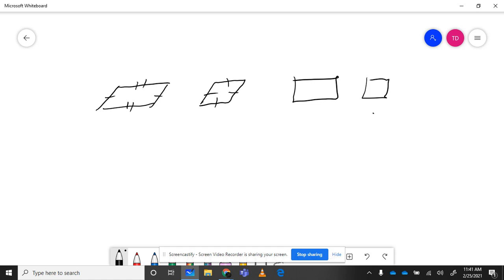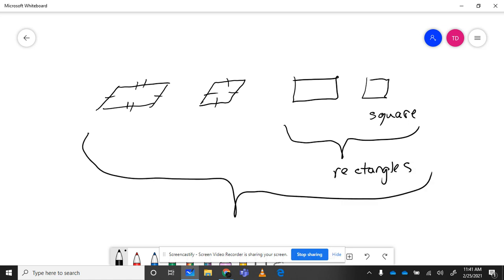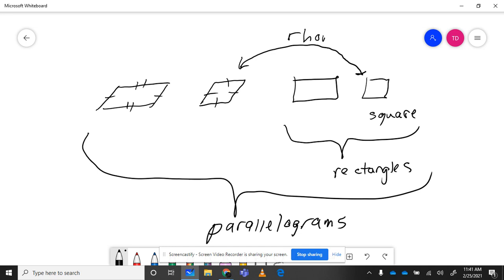Okay, so this is a square. These would both be rectangles. These would all be parallelograms. And a rhombus needs 4 equal sides, so I think these two would both be considered rhombuses.